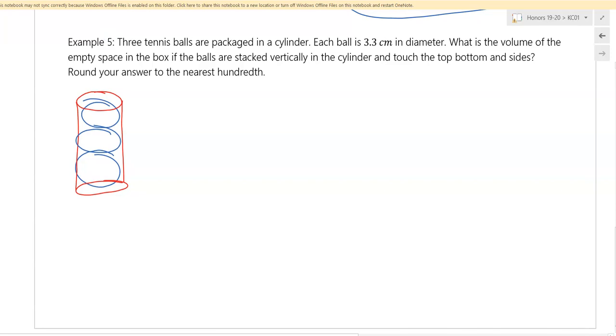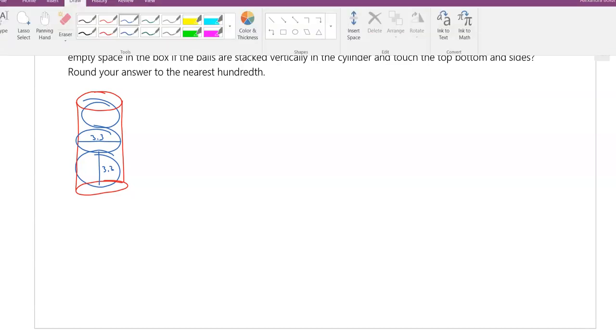Each ball is 3.3 centimeters in diameter. Okay, so I'm going to draw it going up or over. Both of those are 3.3 because diameter can turn any way, right? What is the volume of the empty space in the box? Okay, and everything touches the sides.